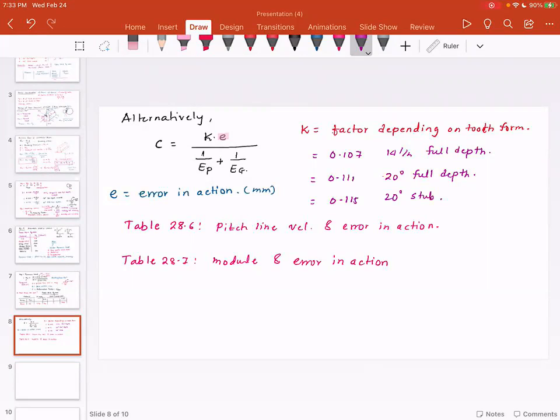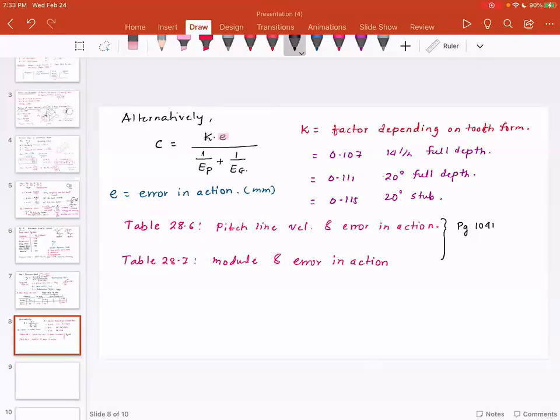Okay, so let's continue our discussion. You can look at table 28.6, and this table is on page 1041.